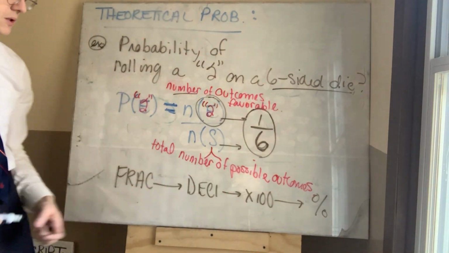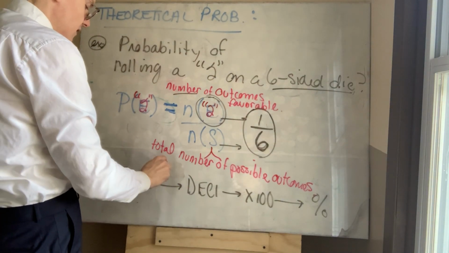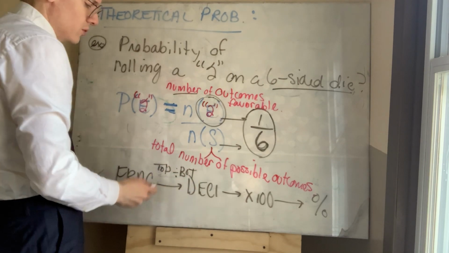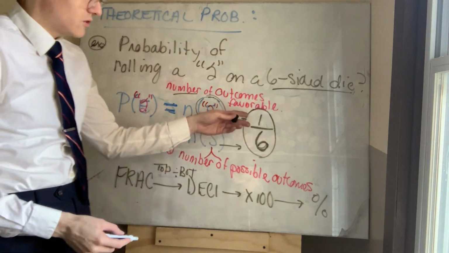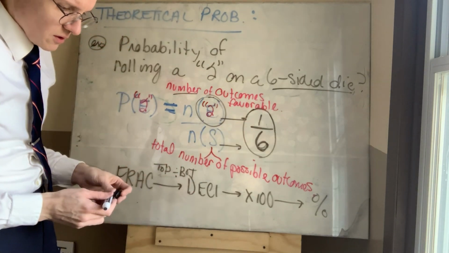How does one convert from a fraction to a decimal? Basically, it's the top divided by the bottom, so the numerator divided by the denominator. You would take a calculator, 1 divided by 6.